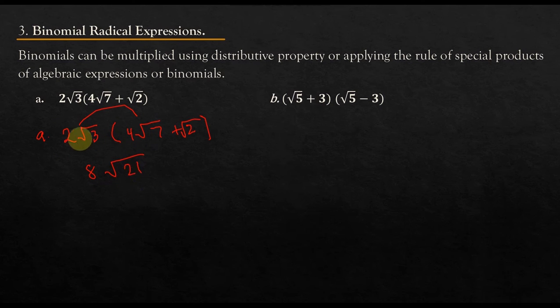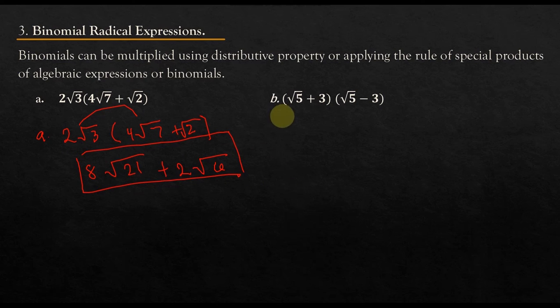Again, the process here is to multiply the coefficient by the coefficient. 2 times 4 is 8. And then the radicand to radicand. Since they have the same index, you can just multiply the radicands. 3 times 7 is 21. On the second term, we're going to have plus 2 times the coefficient here, which is 1, will give us 2. And then the radicand times the radicand will give us 3 times 2, which is 6. And you're done. This will be your answer for letter A.